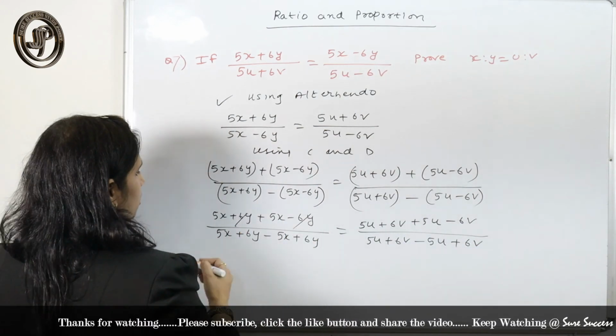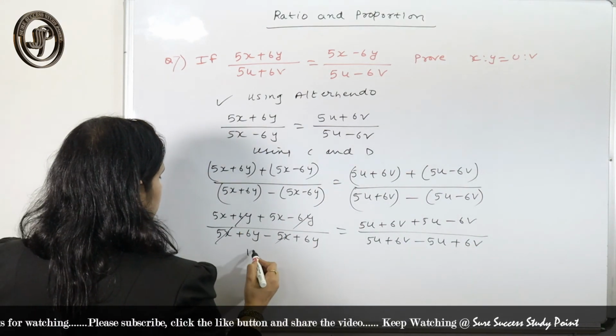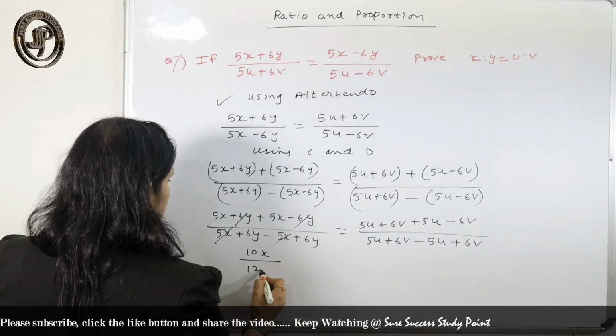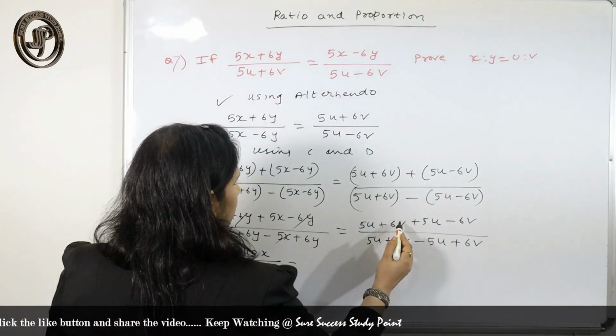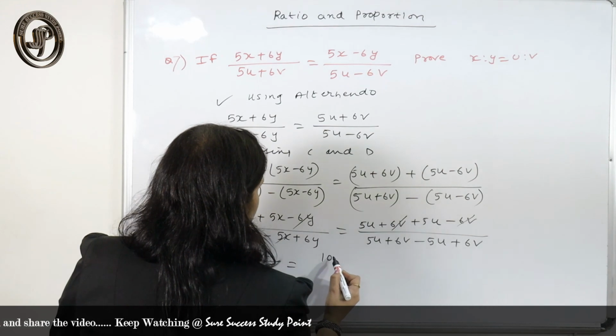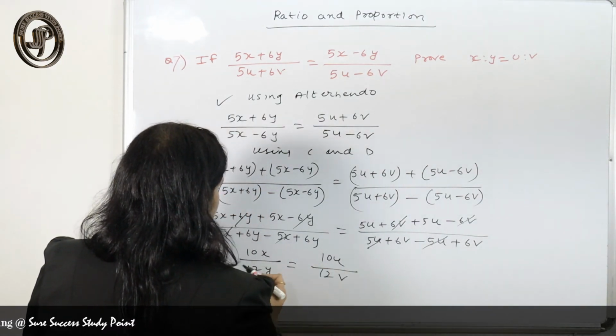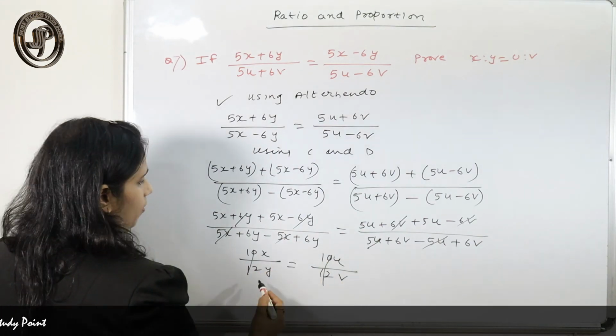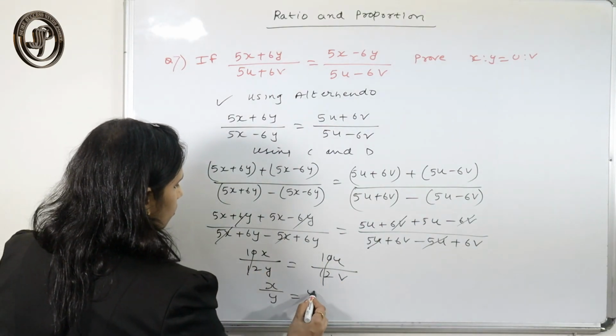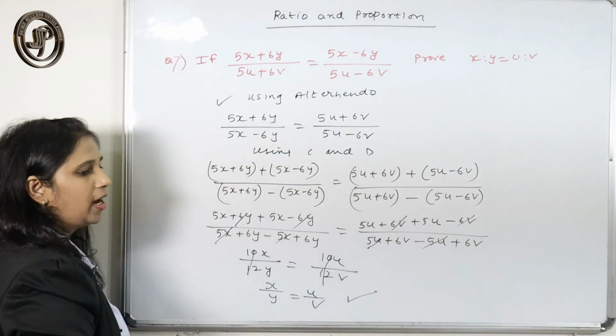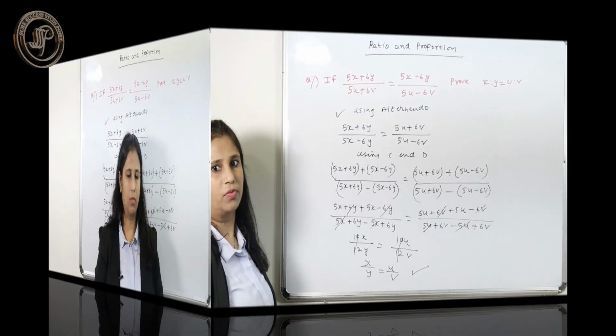Now if you solve this, here you get 10x upon 12y, here 10u upon 12v. Okay, 10, 12, 10, 12 will cancel out, x by y equals u by v. That we need to prove.